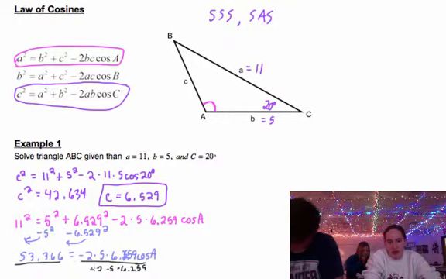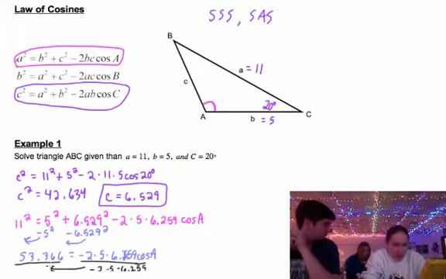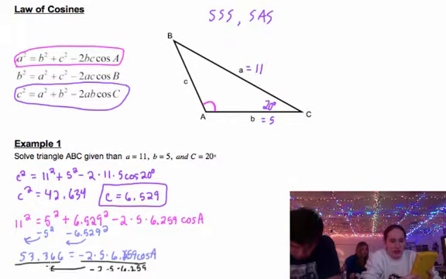So I'm going to divide this side by what I have over here, in parentheses, negative 2 times 5 times 6.5294573.